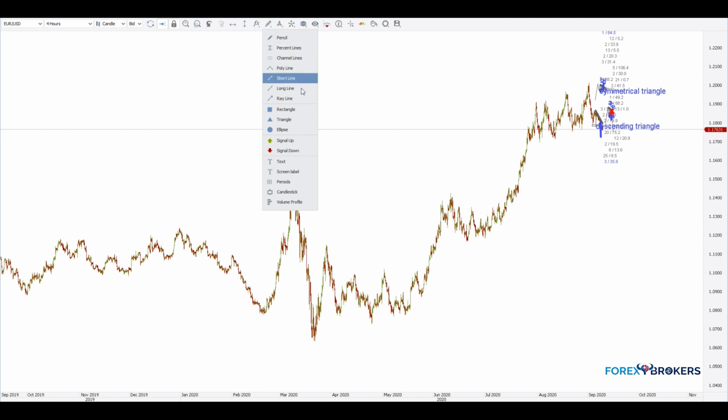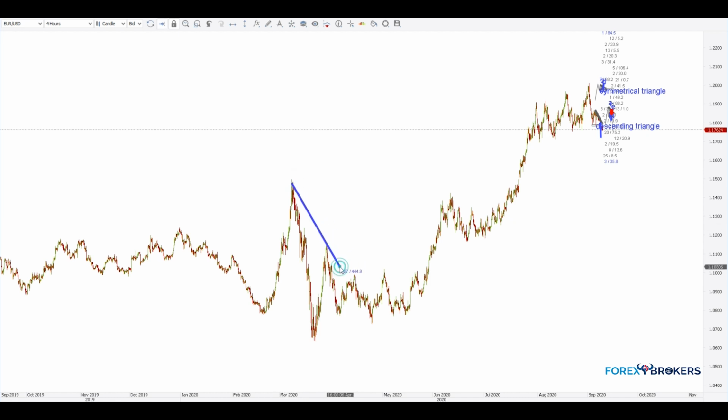How come? Well, if we take a trend line and we connect these highs from here to here, and then connect these ones from here to here, we see that the market formed what?